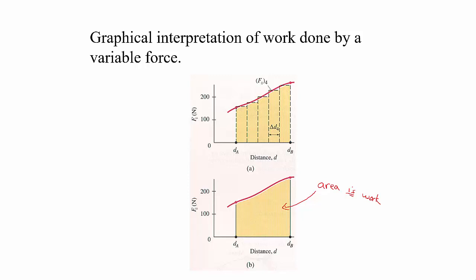And if we let those rectangular regions get thinner and thinner, we eventually get to the case where we're talking about the area between the graph and the horizontal axis. And so that area between the graph of F parallel and the horizontal axis gives the work that's done if we're graphing force versus position, or force versus distance.